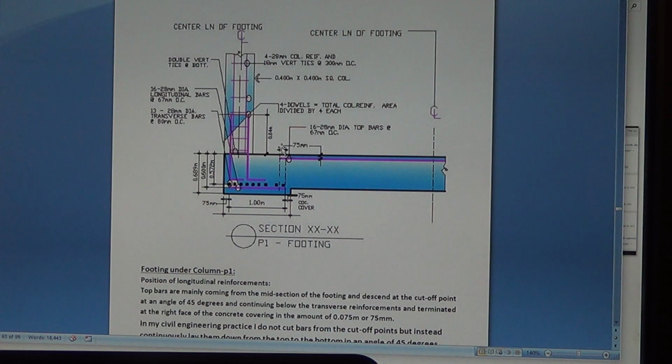Okay, and see 16 pieces there, and here the longitudinal is 16 as well, transverse 13. And there's a lot of calculation before you get all these details, because before you can complete this foundation. This is the foundation under the exterior column.